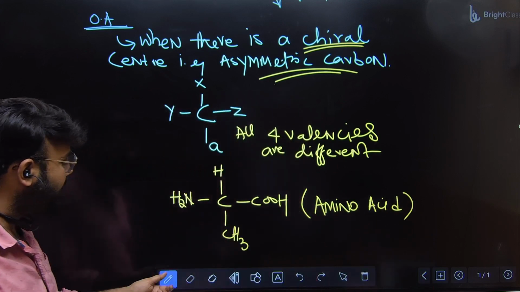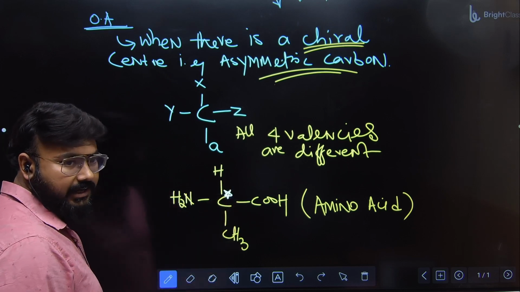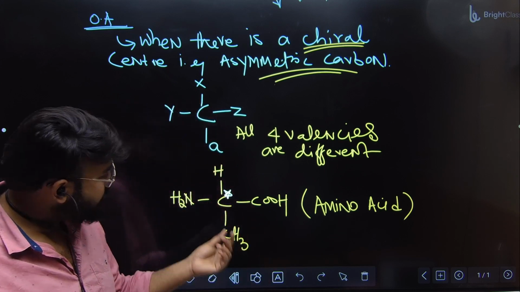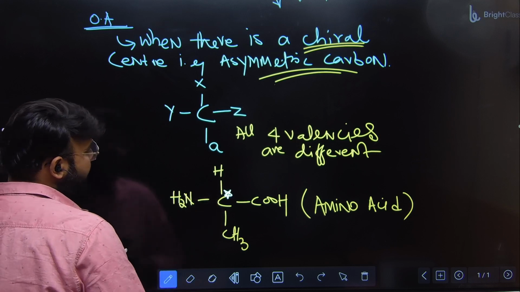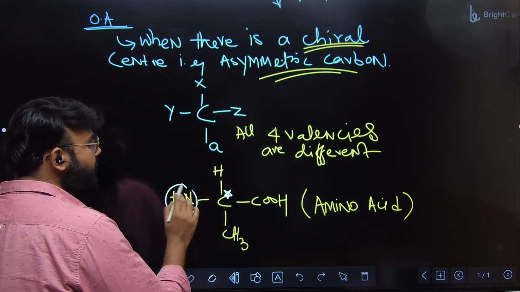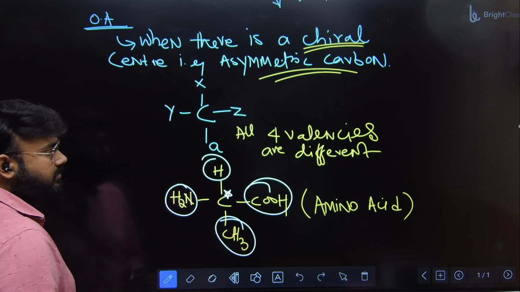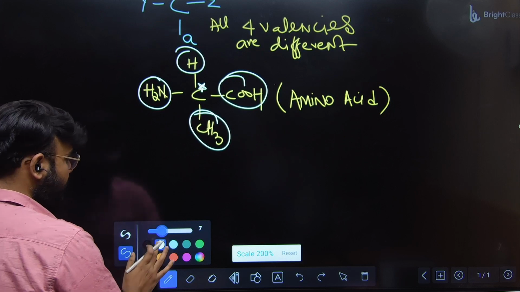You can see, Avantika, this carbon is chiral. In textbooks, chiral carbons are marked with a star, so that is why I put a star. Star means chiral carbon. Avantika, are you clear? All four valencies are different. Guys, got it? Okay, I'll give you a question now.